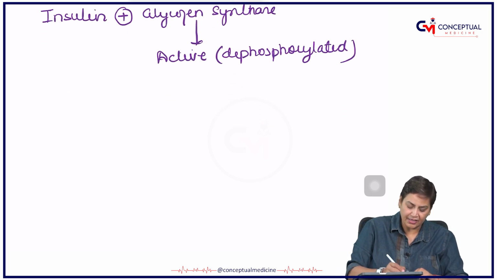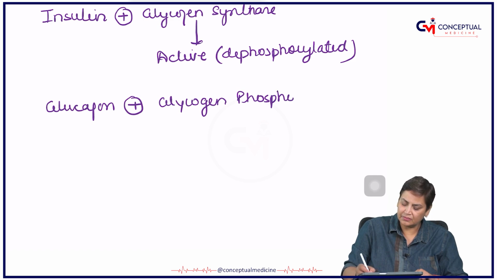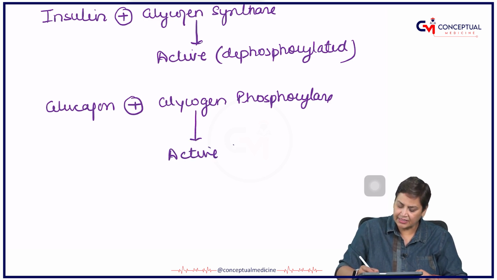On the other hand, glucagon is accelerating glycogen phosphorylase, where glycogen phosphorylase is active in its phosphorylated state.